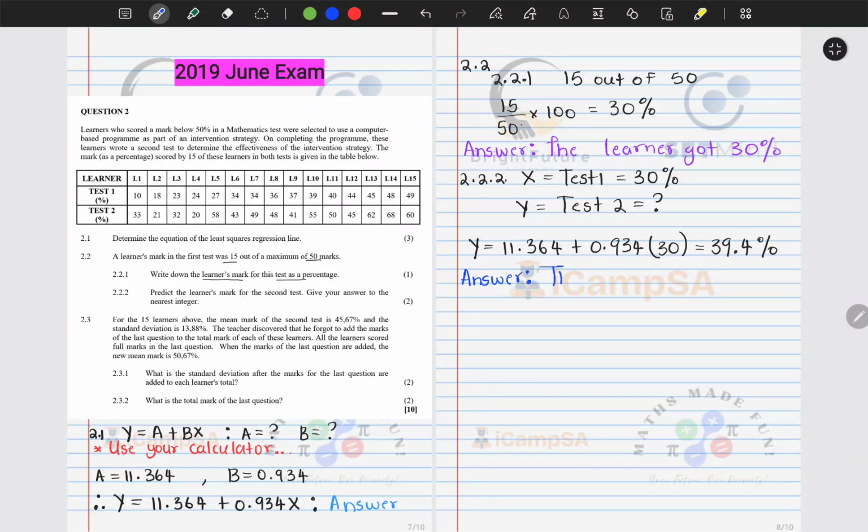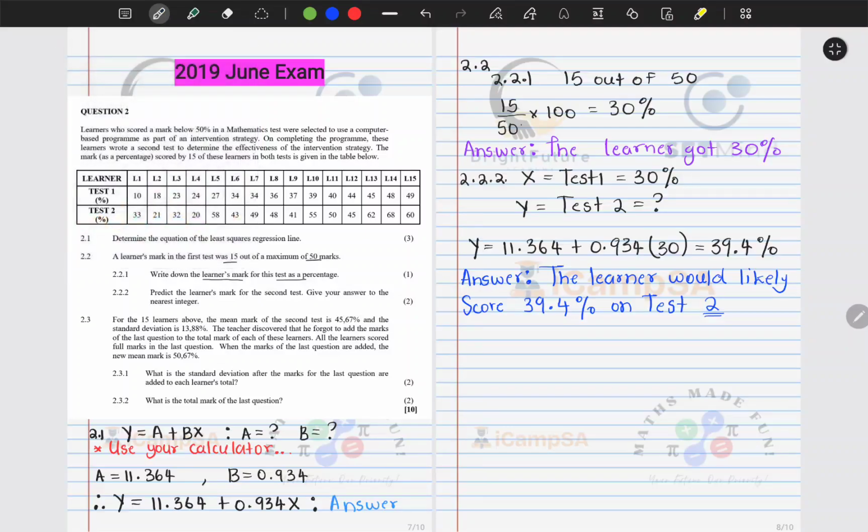According to this regression line, the learner would likely score about 39.4% on test 2, which is what we are interested in. So on test 2, they might score just below 40%, if on test 1, they scored 30%.